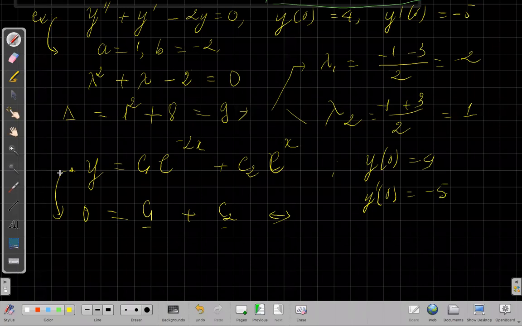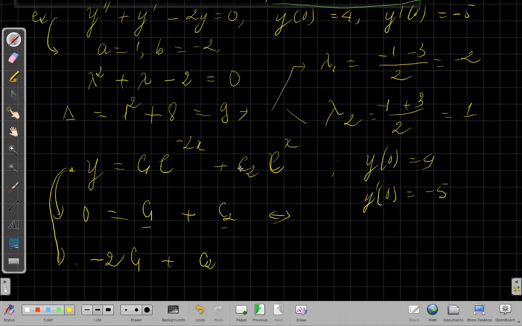So for this one, if we take the first derivative, we have minus 2c1 plus c2 equal to minus 5.